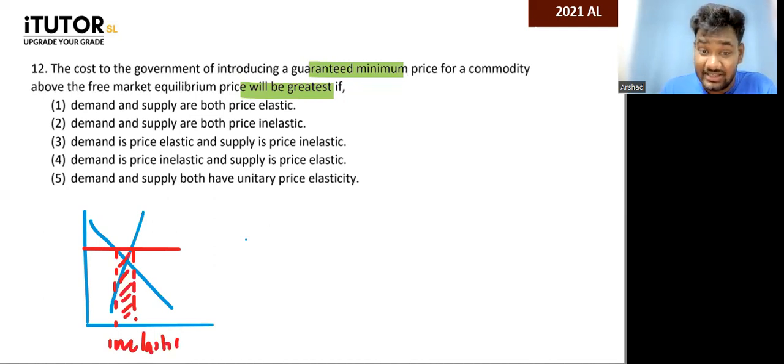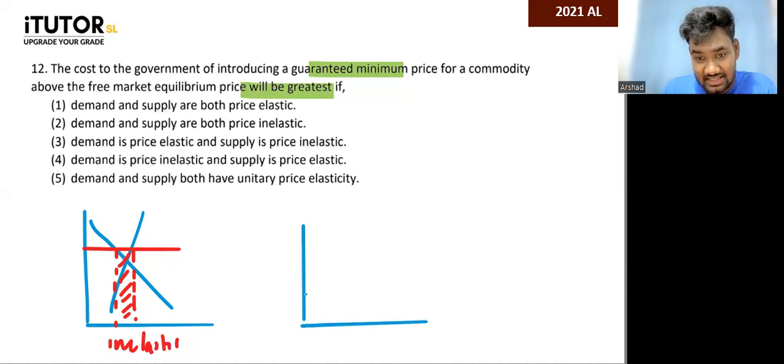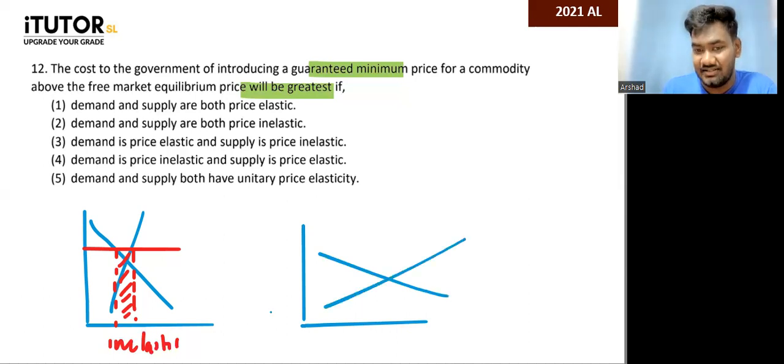Let me draw it when it is elastic, right? Let's assume demand is elastic, supply is also elastic, flatter curves. Government came and put a minimum price, right? QD is this much, QS is this much.